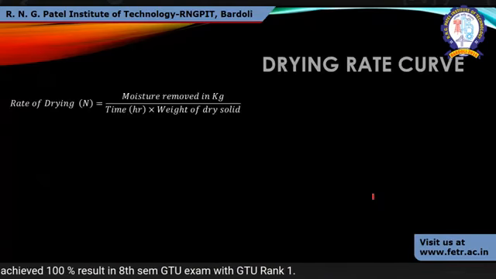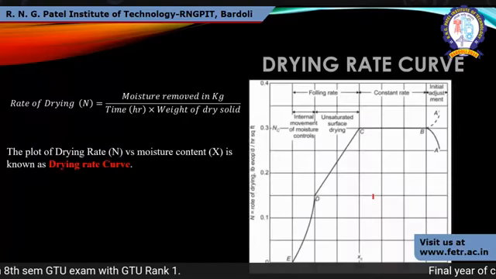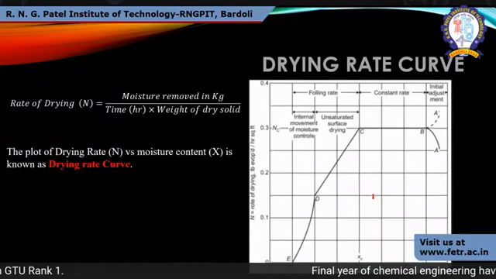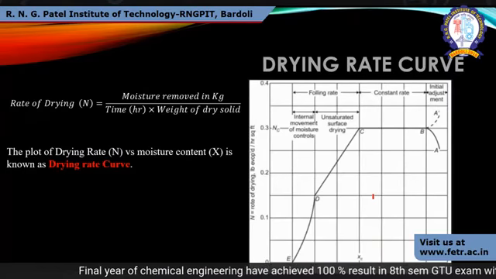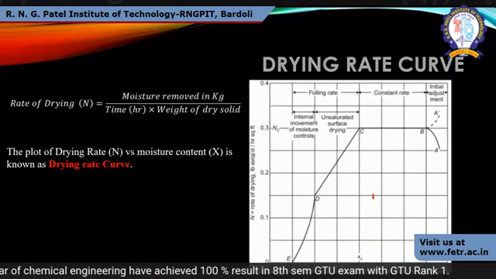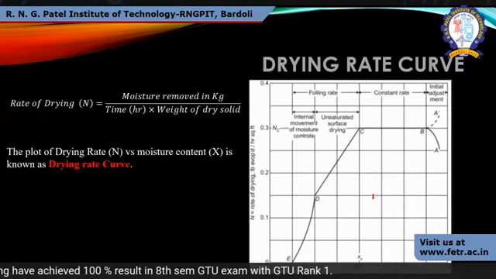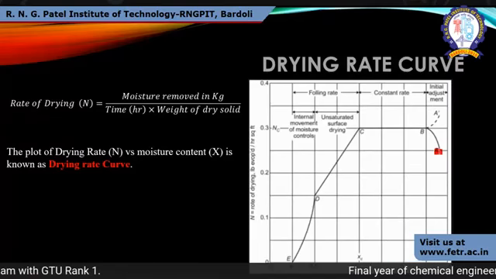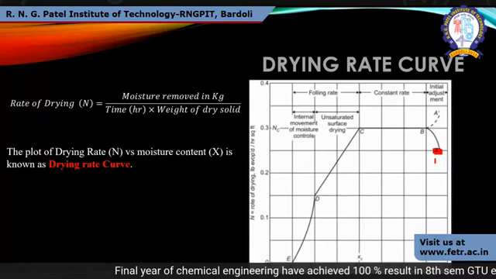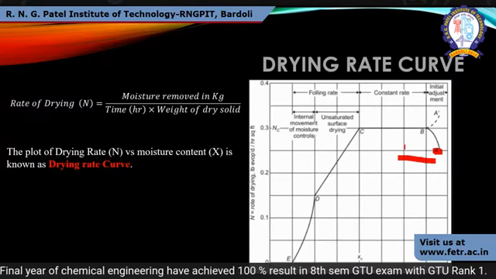Okay, now this is the drying rate curve. For the entire drying mass transfer operation, we all need to study this curve. Now the important thing is that the starting point is point A. This is our initial point, and the graph will move toward this side.